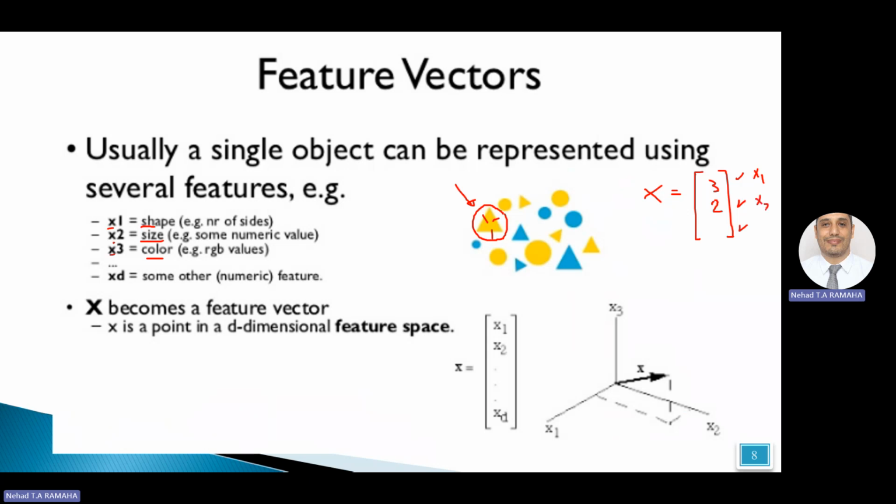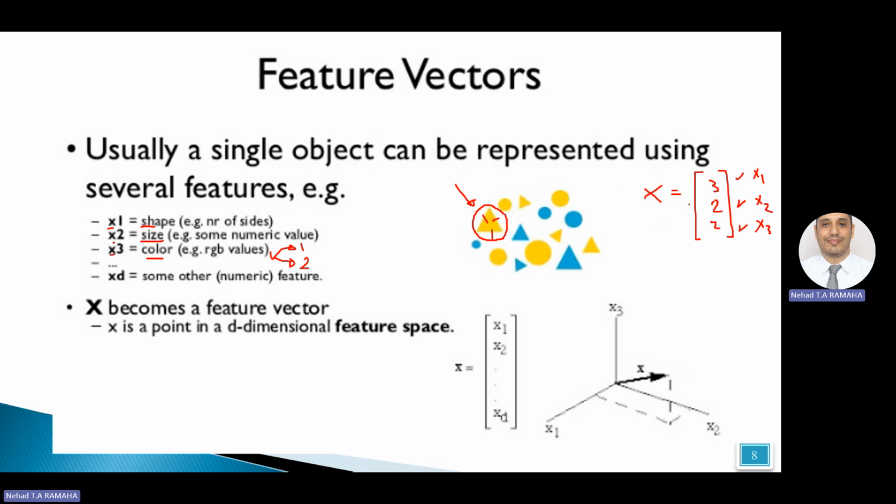The color: we have two colors, for example blue and yellow. If blue, we will give 1. If yellow, we will give 2. This one is yellow, so the third feature, which is the color, will be 2. So what's this X at the end?